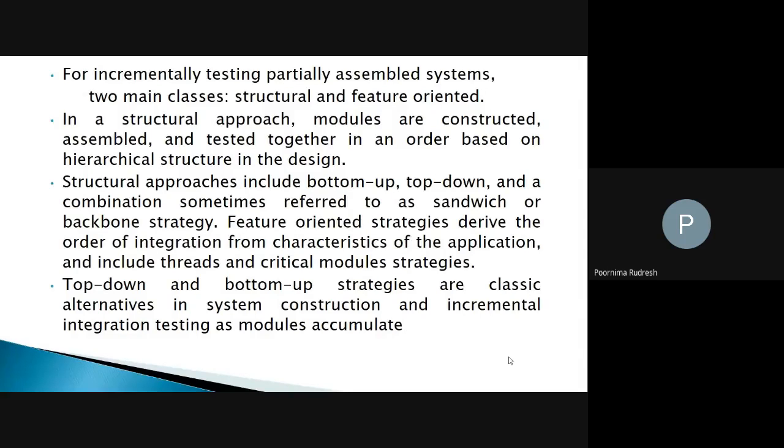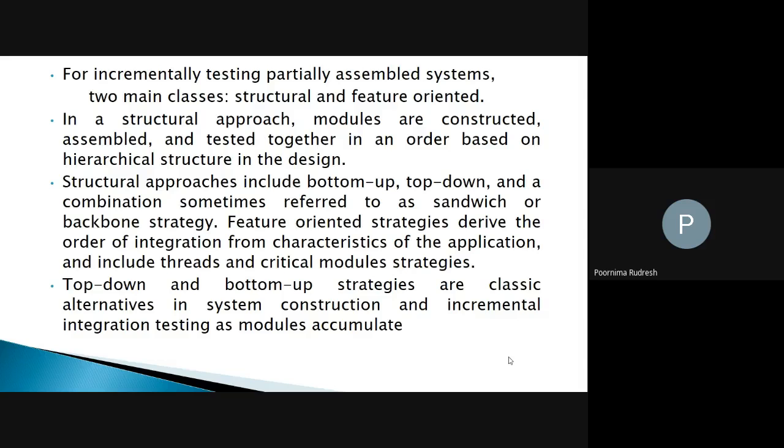So in a structural approach, what happens? We are constructing the modules first, and then we are assembling the modules, and then the assembled modules are tested together in an order based on the hierarchical structure. So here we'll use the hierarchical structure in order to construct, assemble, and test the modules.